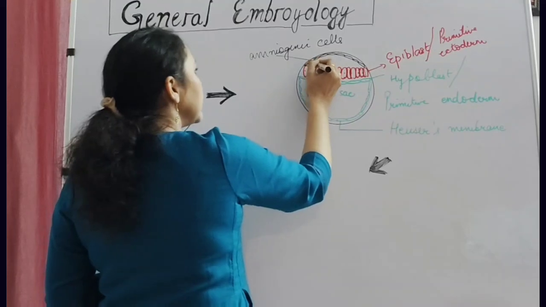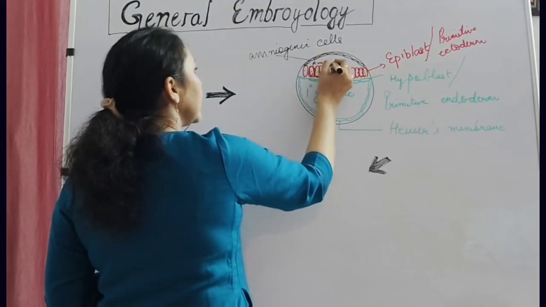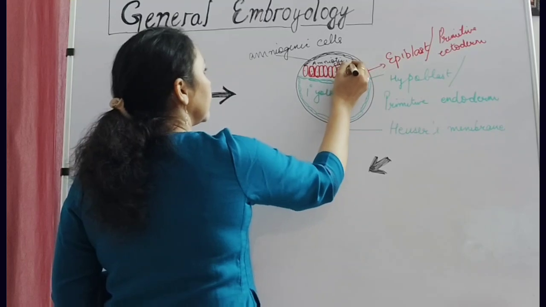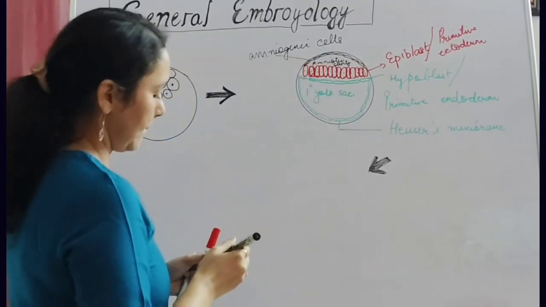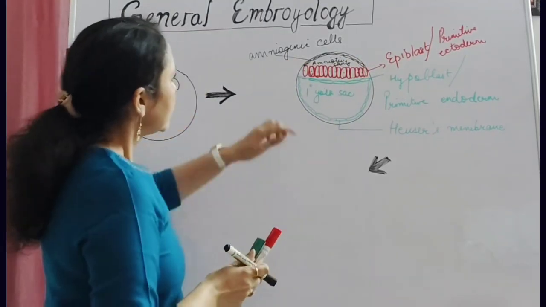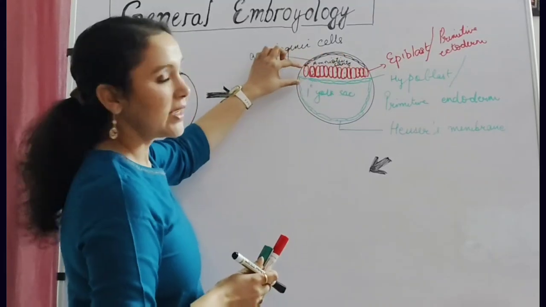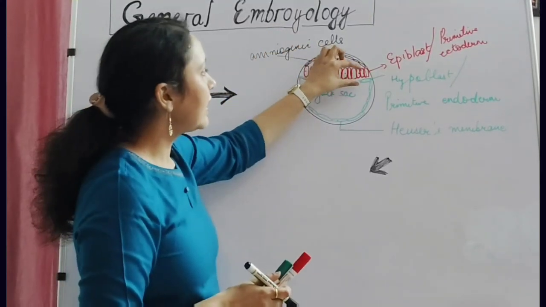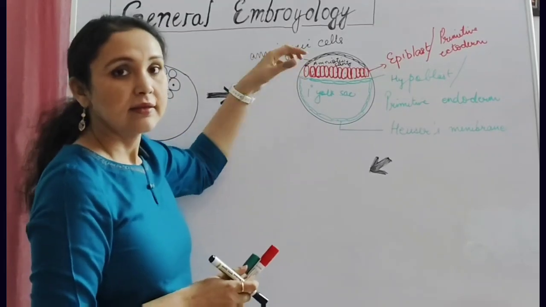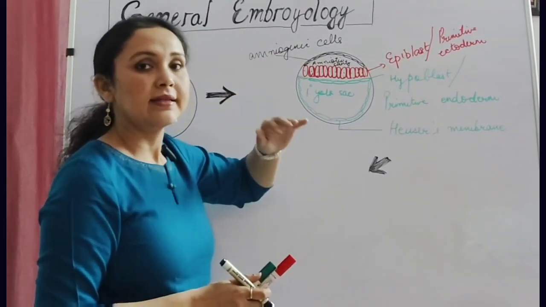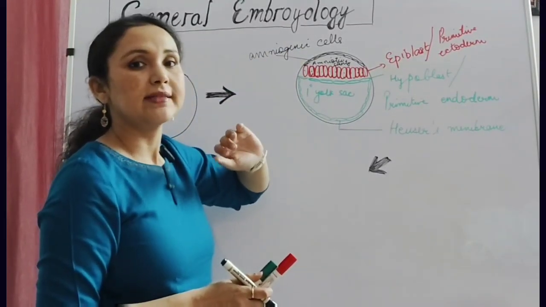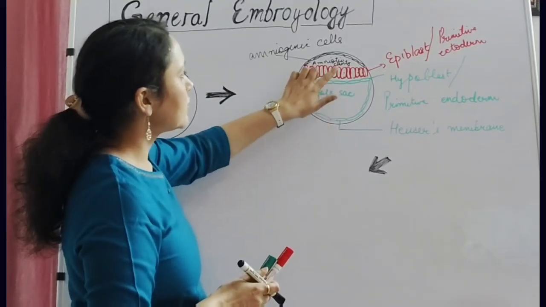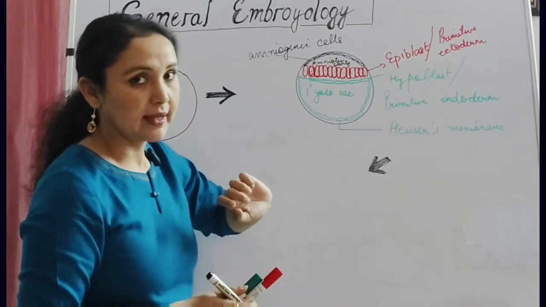And the cavity in between is called the amniotic cavity, right? So we have the two germ layers now, which are though the primitive ones. So this is a bilaminar embryonic disc. This is an embryonic disc and it is two germ layers. So we call it as a bilaminar embryonic disc. There is a formation of primary yolk sac. There is a formation of amniotic cavity.